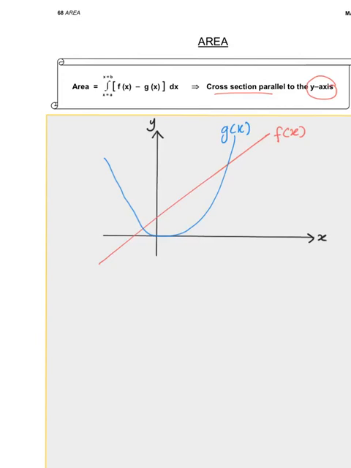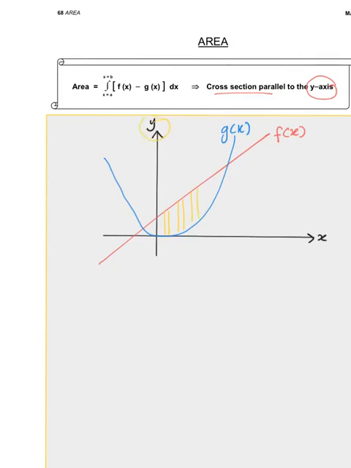Now let's say we want to find the area bounded between these two curves, given the cross-section is parallel to the y-axis. What does it mean by cross-section parallel to the y-axis? It means that we are going to make a straight cut through here that is parallel to the y-axis.